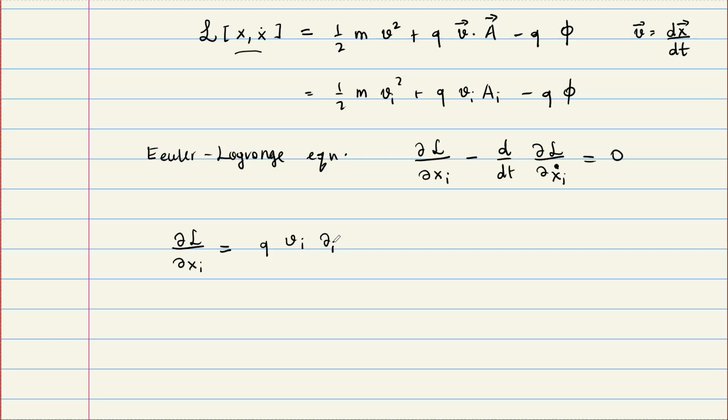Let me also shorten the notation, like del x_i is del_i acting on, actually I need to use a different index. So this is j, this is i, right? Now I take the derivative of this term, minus q del_i, derivative of this term, phi.